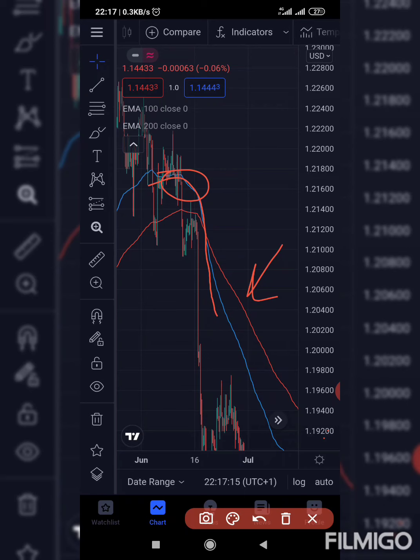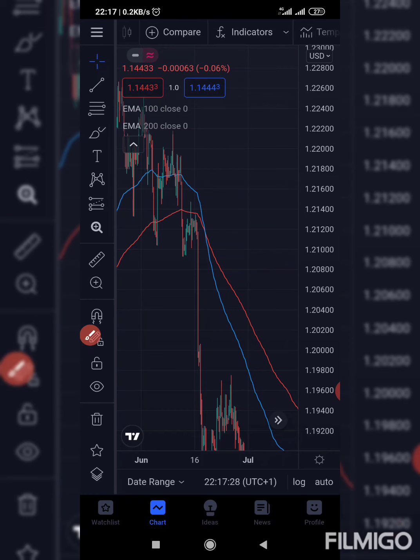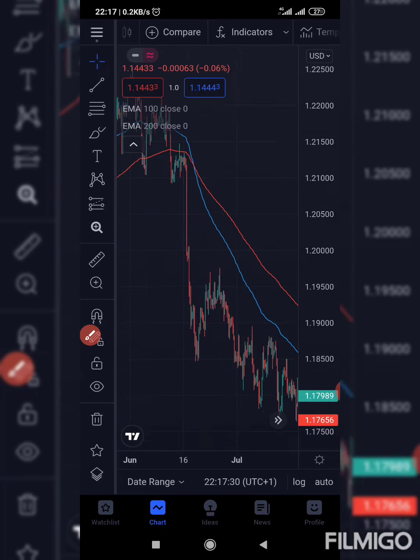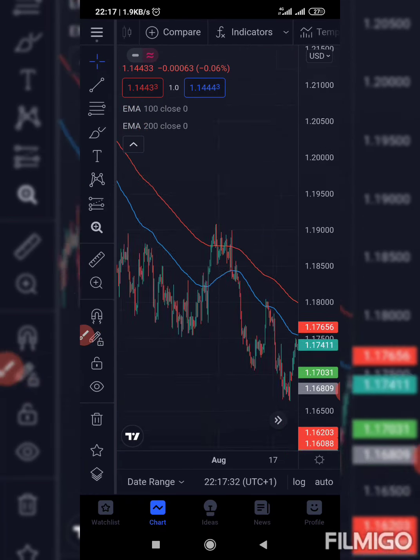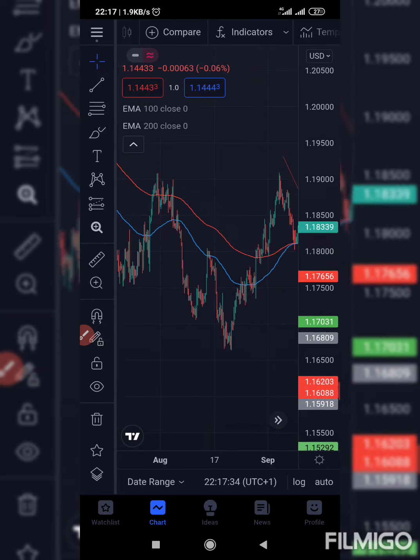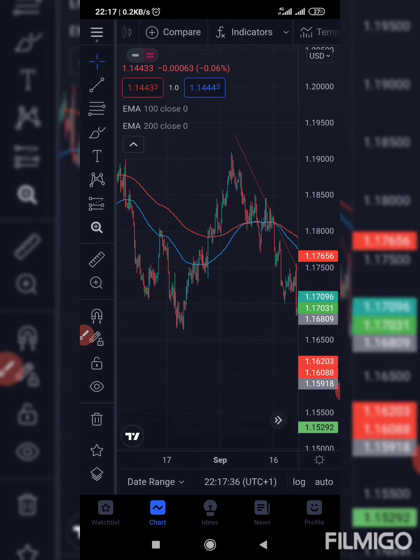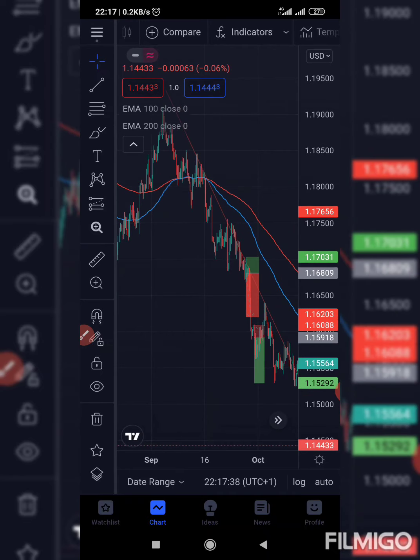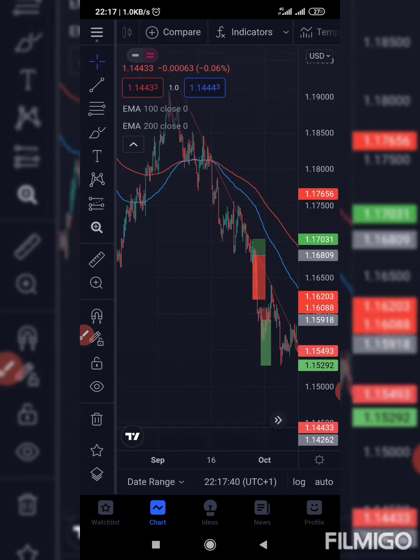When the smaller period moving average crosses the higher one from the top downward, they will call it a dead cross, and it signifies a downtrend. When you see that, it's telling you that the price is likely to begin to go down. As you can see, ever since then it has been going down and down up to now. It keeps going down.